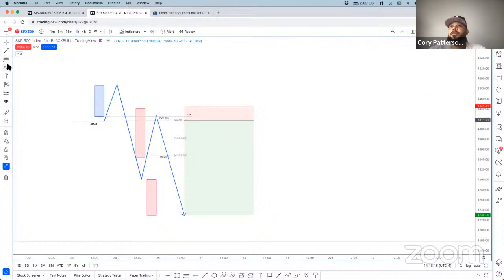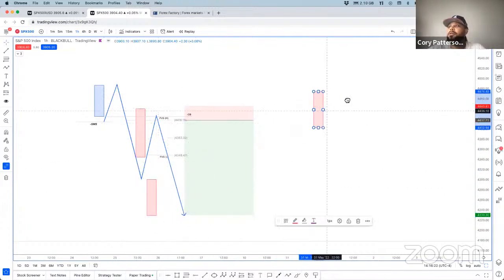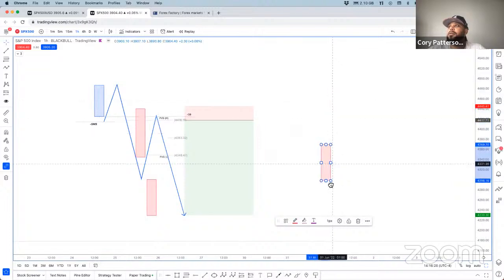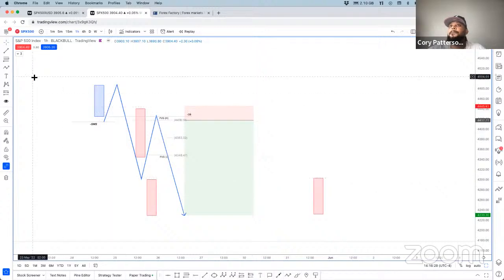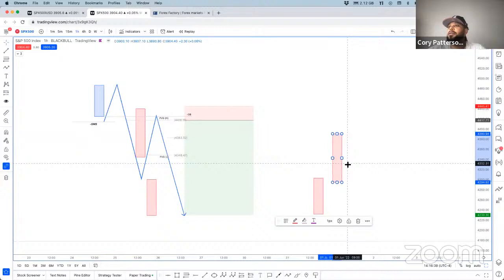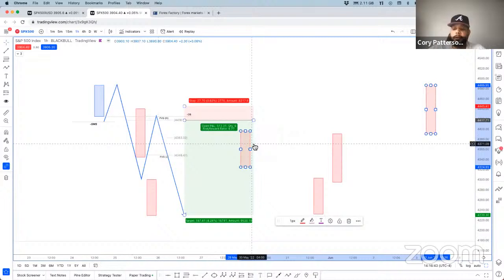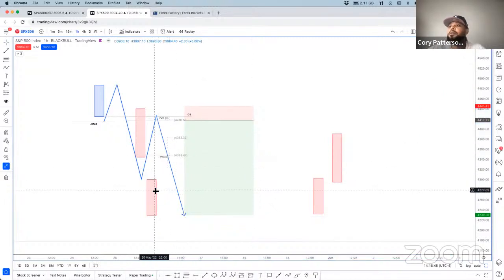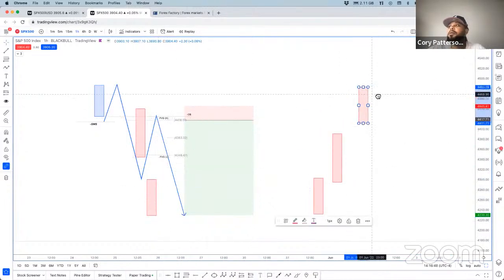So it'll look like this. Order block. Imbalance.